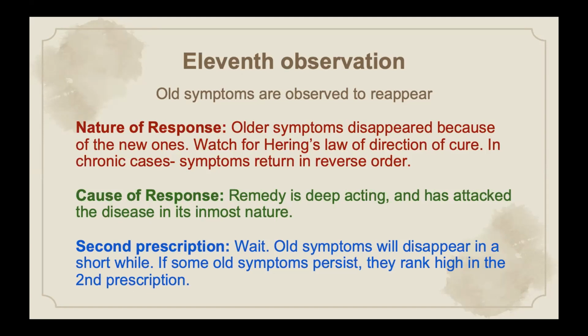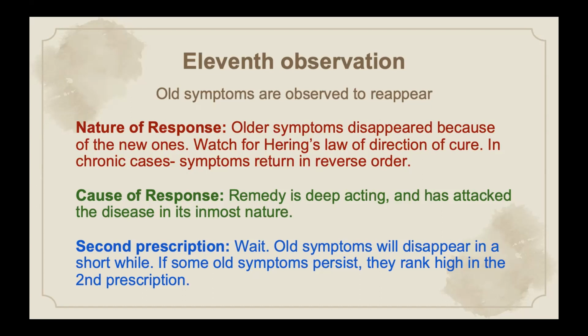Do not be in a hurry. Sometimes the patient or the patient's mother may come to you and say these boils have come back and they're really ugly looking, and they may push you over the edge to prescribe something because they don't like the way it looks. But it's really important to educate your patient and teach them a bit of homeopathy at this point, that these old symptoms will disappear in a short while.